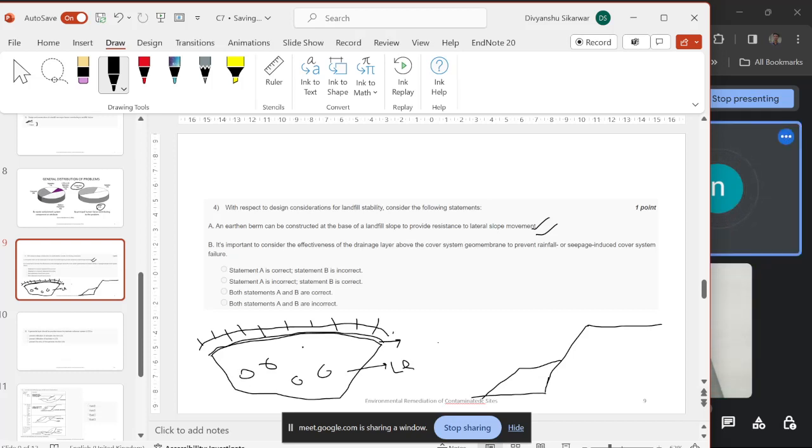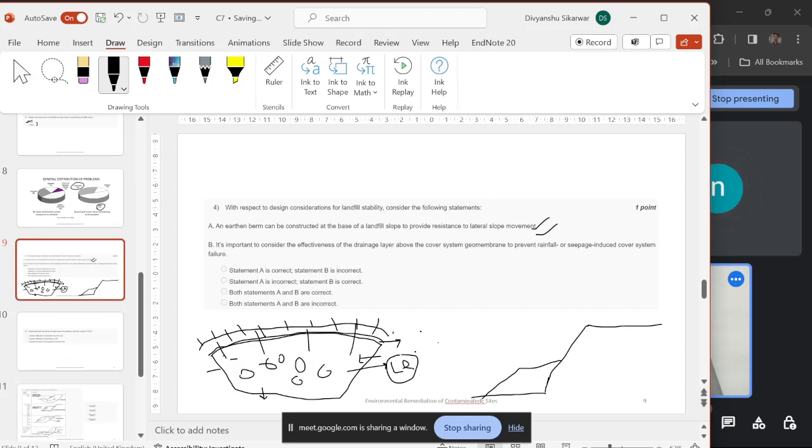But because of the moisture in this waste, and because of rainfall, some water gets into the system from above or from the lateral direction. Because of that there is more water, which generates the leachate, and there are some reactions also, like anaerobic digestion. Because of anaerobic digestion there is acid generation, which reacts with other compounds present. But if there is no water, then there won't be leachate, right?